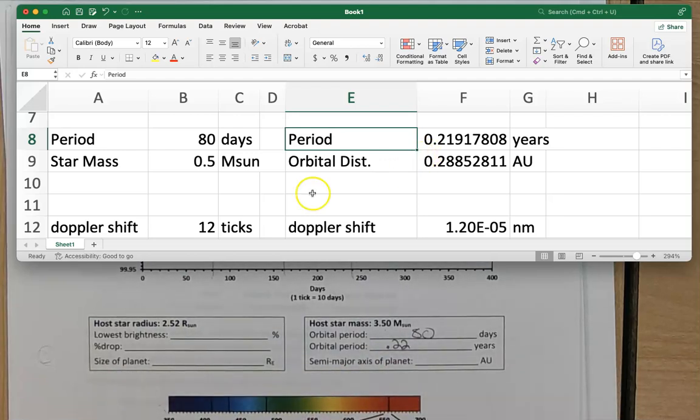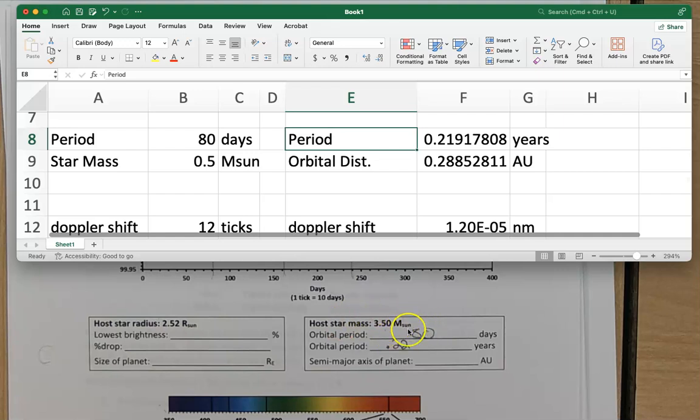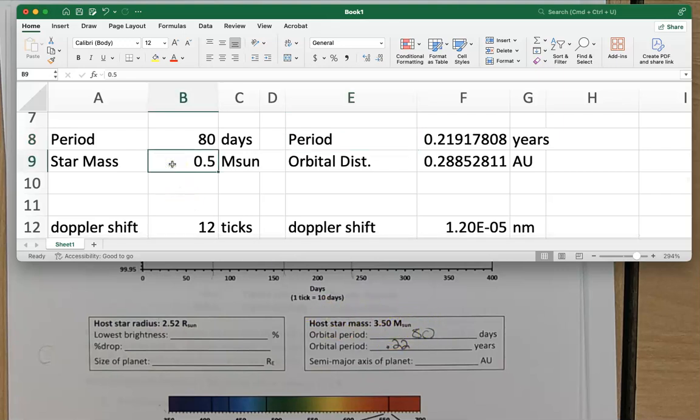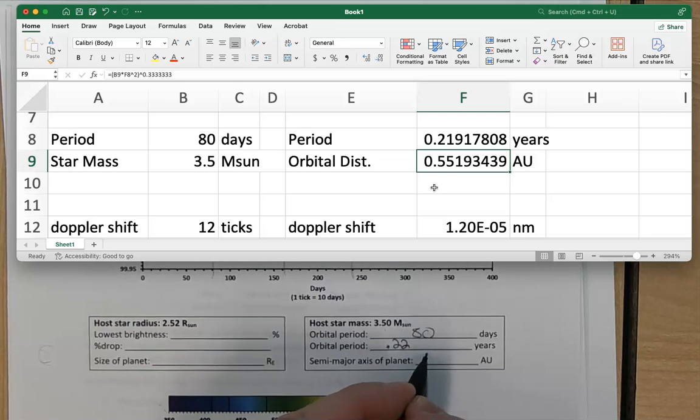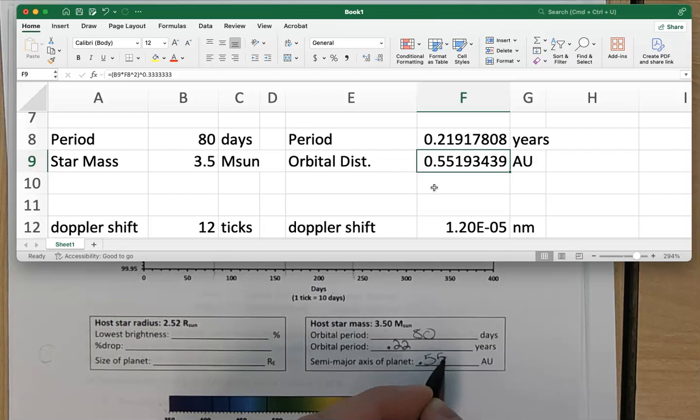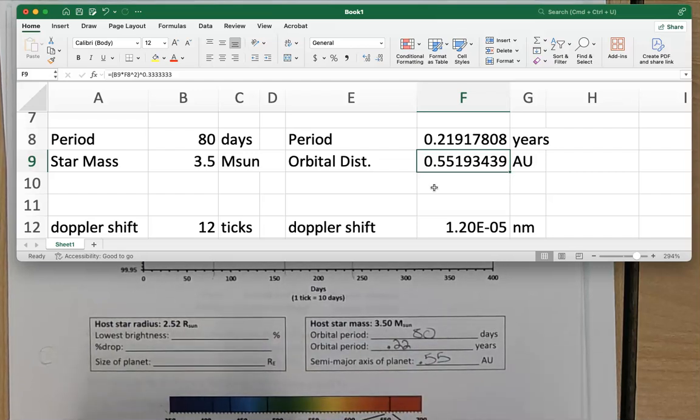If the mass of the star is 3.50 solar masses, then we have the period, we have the mass, we can figure out the semi-major axis. That planet must be orbiting at a distance of 0.55 AU.